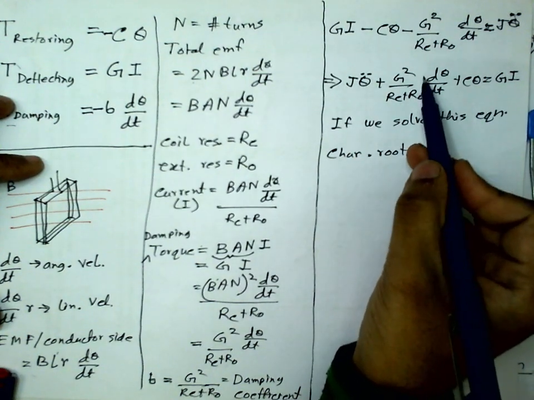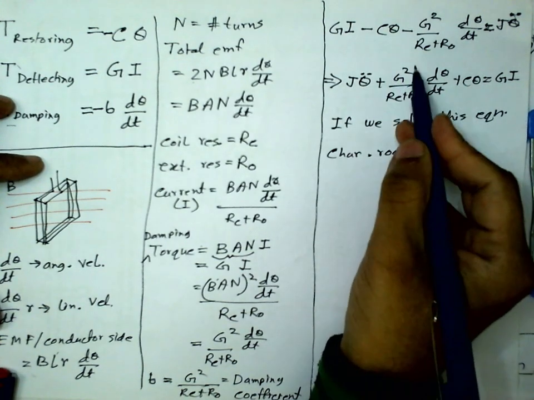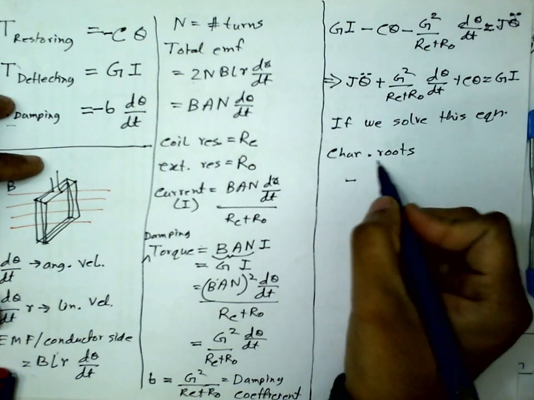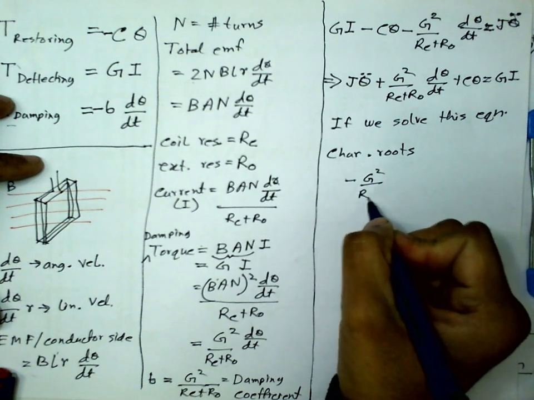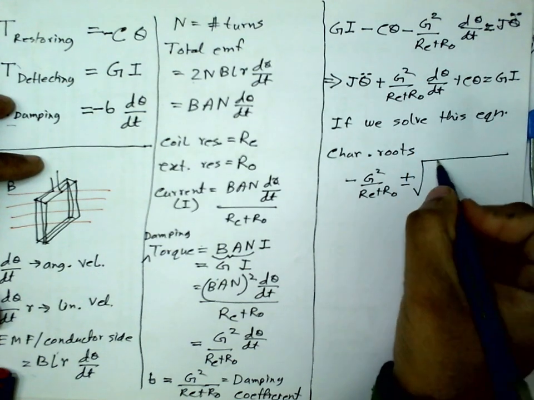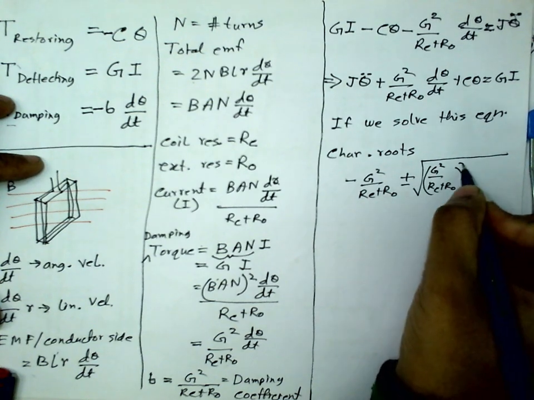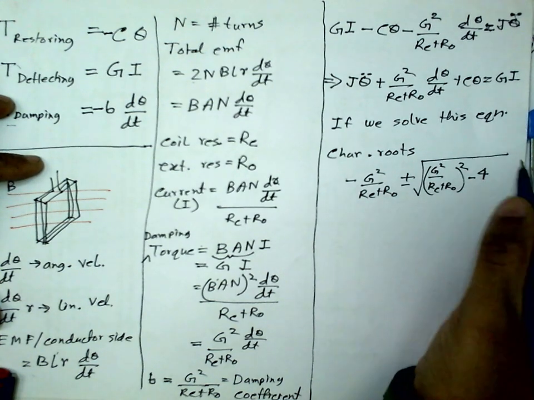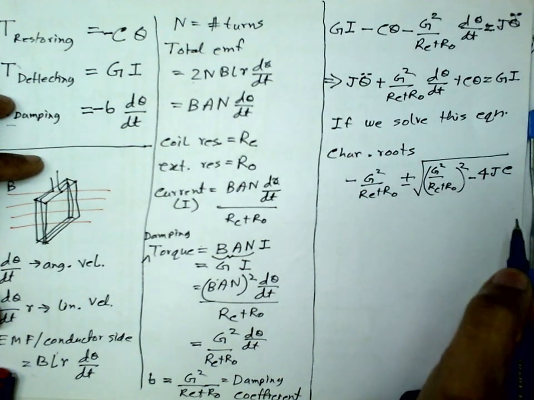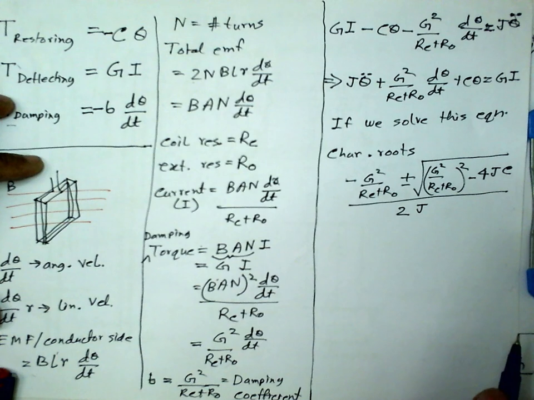If I call these three terms A, B and C, that will be minus B, minus of this term, G square by RC plus RO, plus minus root over square of this, G square by RC plus RO whole square, minus 4AC, which is J C, whole divided by 2A or 2J. So these are the roots.